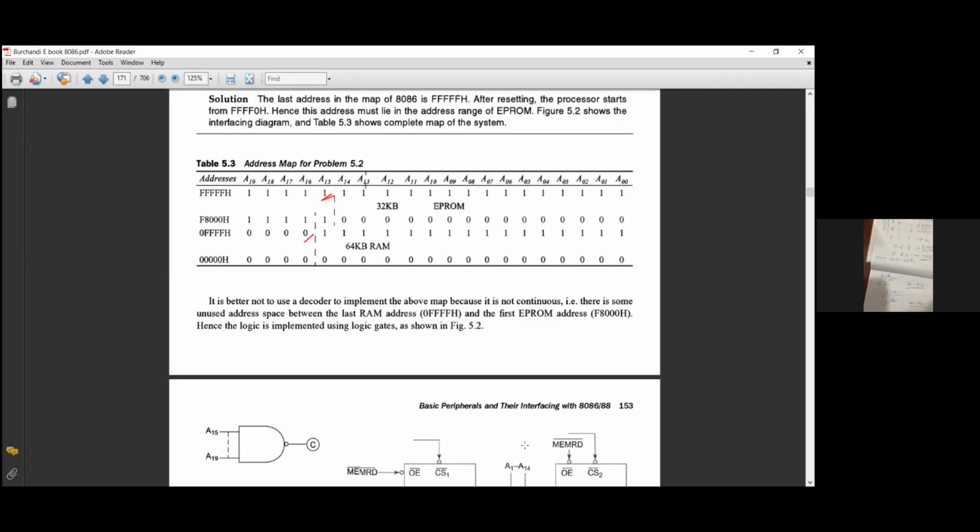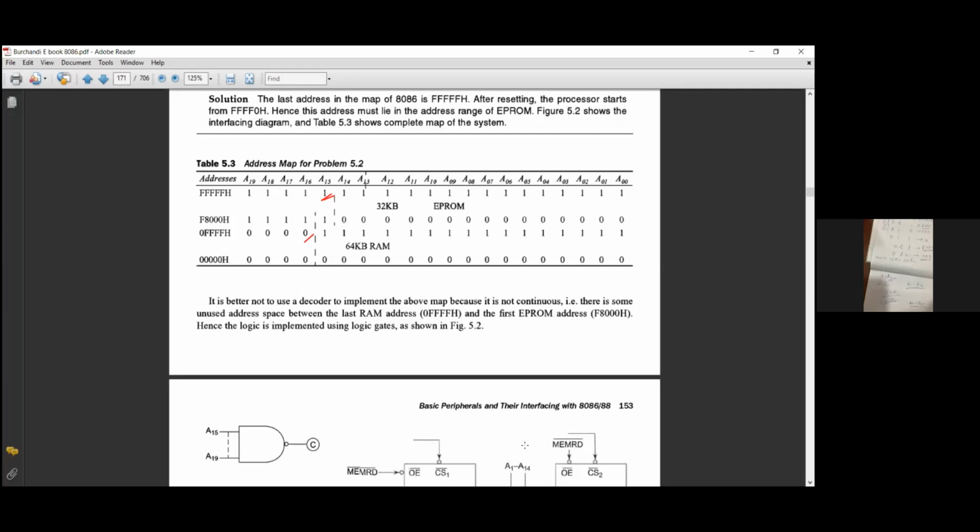Just see over here in this example, memory location is not given, but the ROM is starting from FFFFFH. Am I right? Yes, sir. But RAM is starting from 00000H.